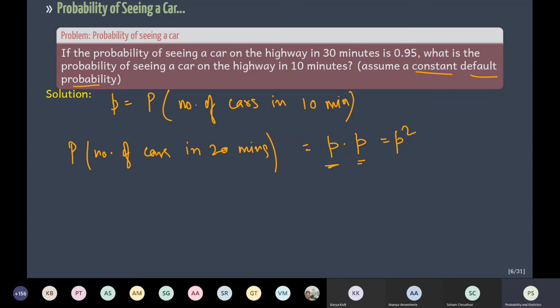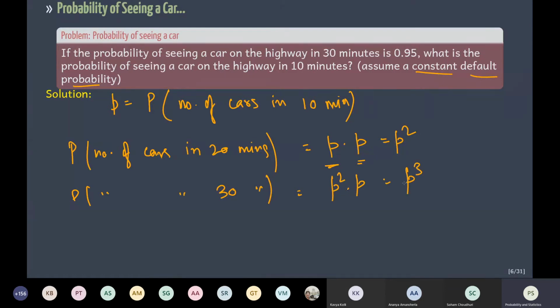So in this problem, we can go ahead and solve using, so again this will be like p square times p, and this will be p cube.